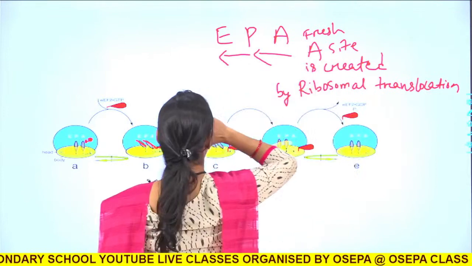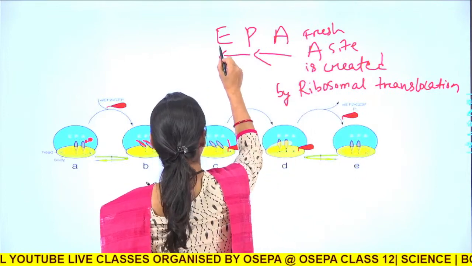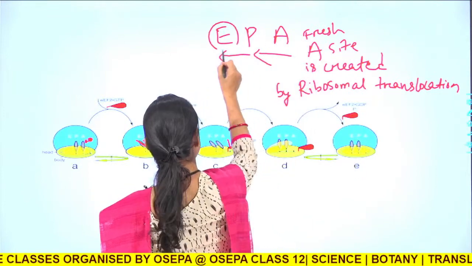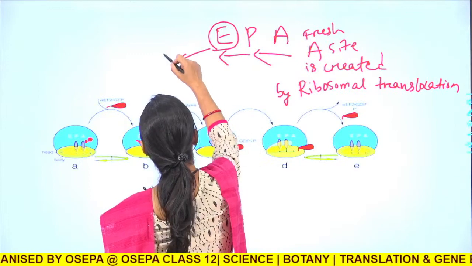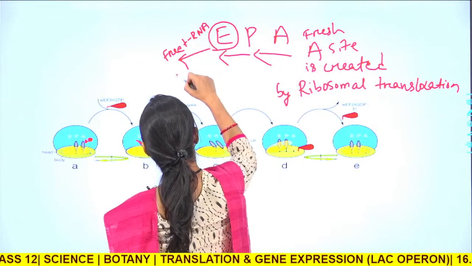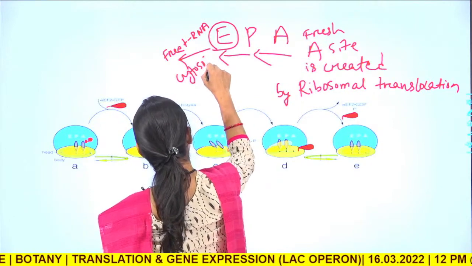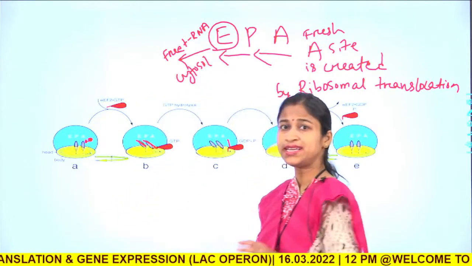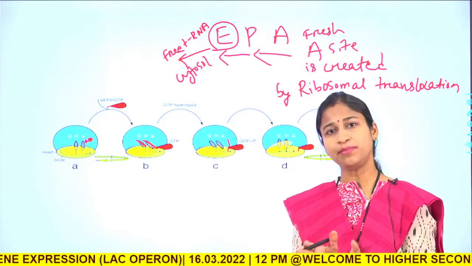From the E site, the free tRNA will come out to the cytosol. So this is about the elongation process.